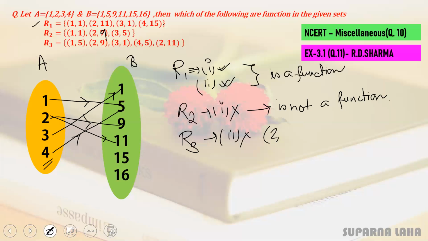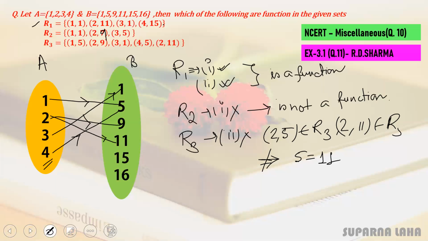Since (2, 5) belongs to R3 and (2, 11) also belongs to R3, that does not imply that 5 is equal to 11. So number 2 does not hold from the definition. So we can say that R3 is not a function.